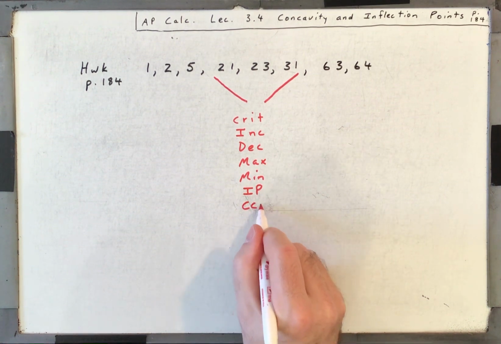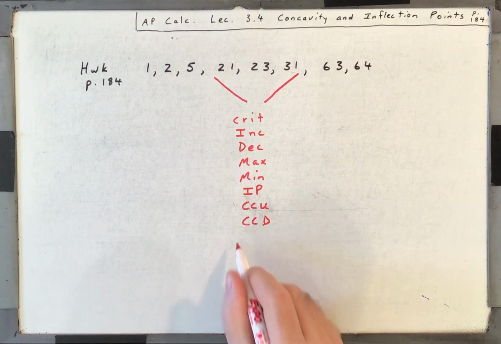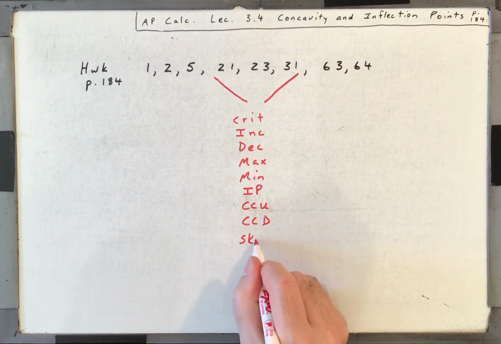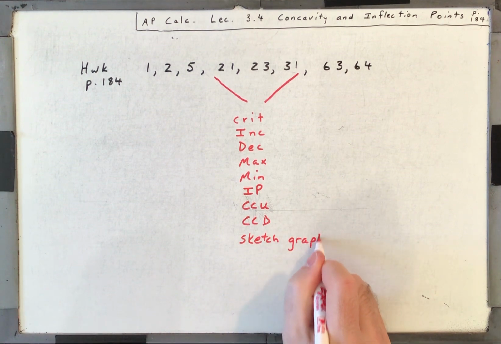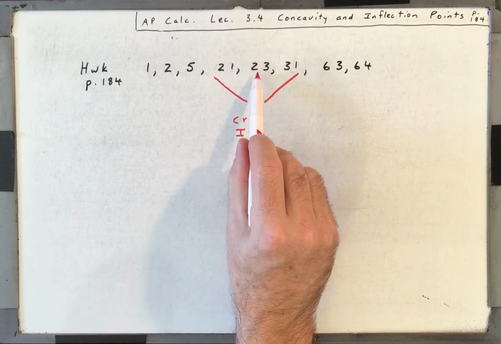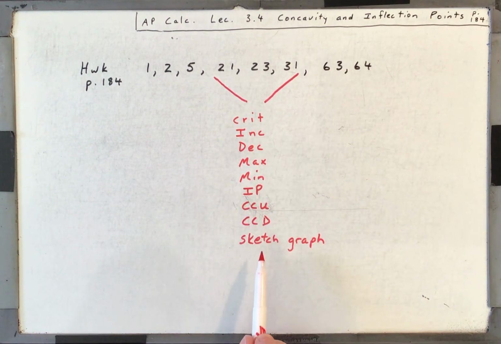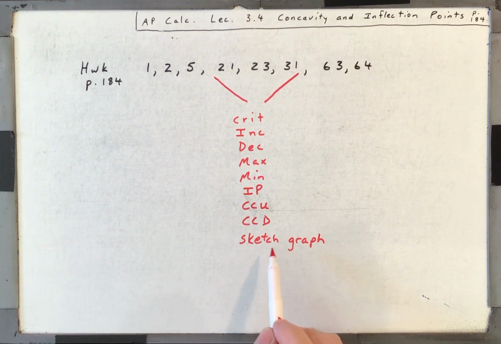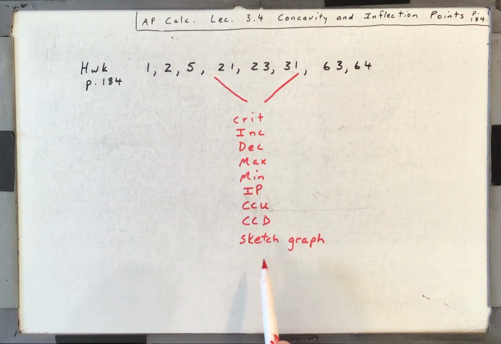Give me where it is concave up, where it's concave down, and sketch the graph. So for 3 problems, 21, 23, 31, you're giving me the entire business. Okay, next section, we're going to add asymptotes. But this is pretty much what your test is like, doing this stuff.